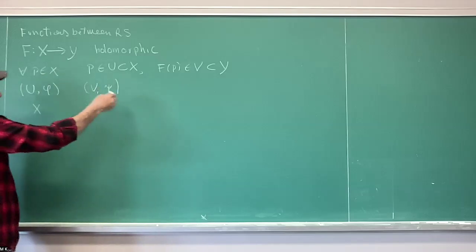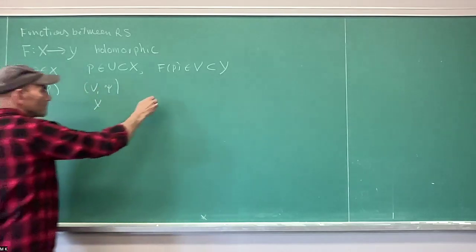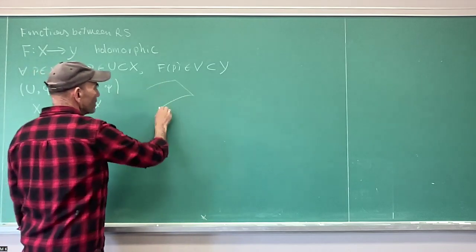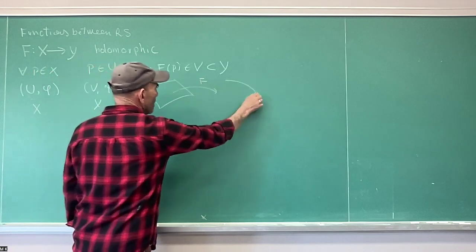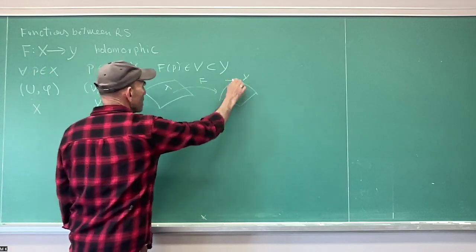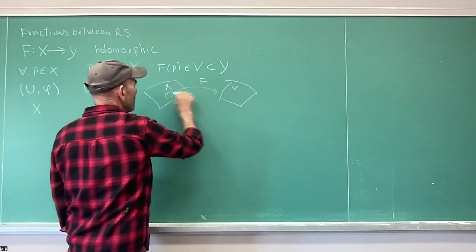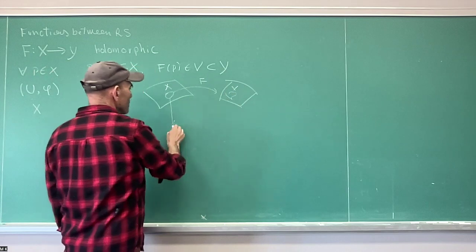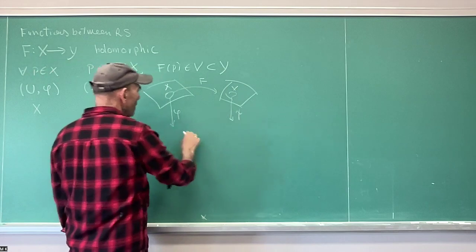So if you move everything, here is a picture perhaps. So this is f, this is Y, this is X. So you have these coordinates phi here and this coordinate map psi.